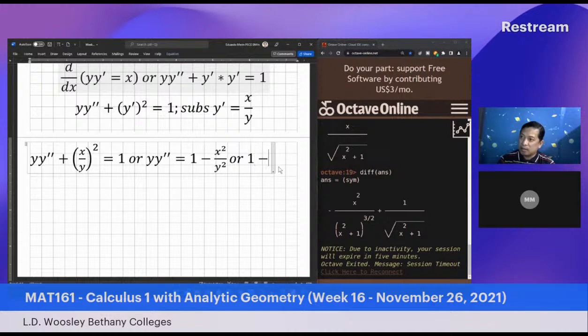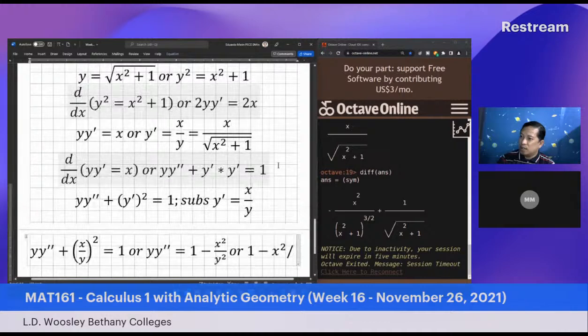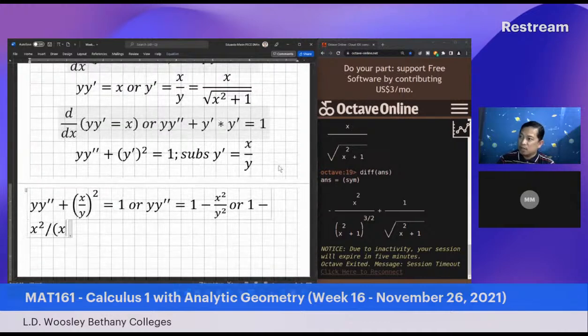I think this is better. Pwede nang i-substitute to, Micaela, yung y, yung x squared plus 1, doon sa y squared. Ayan.